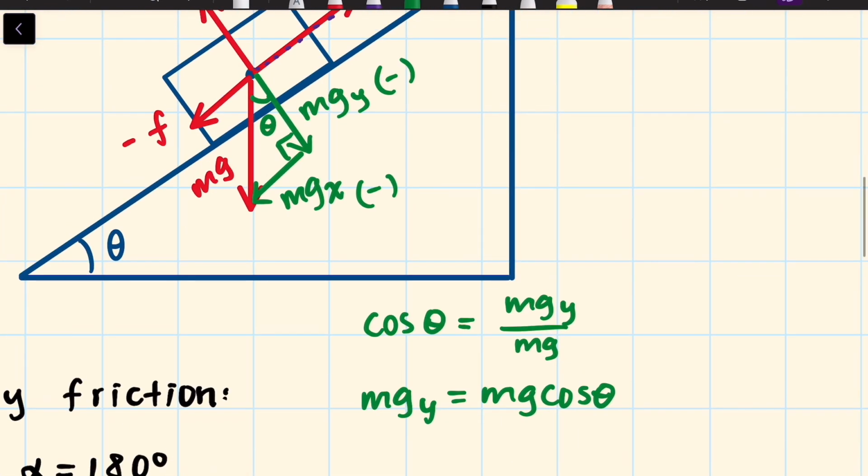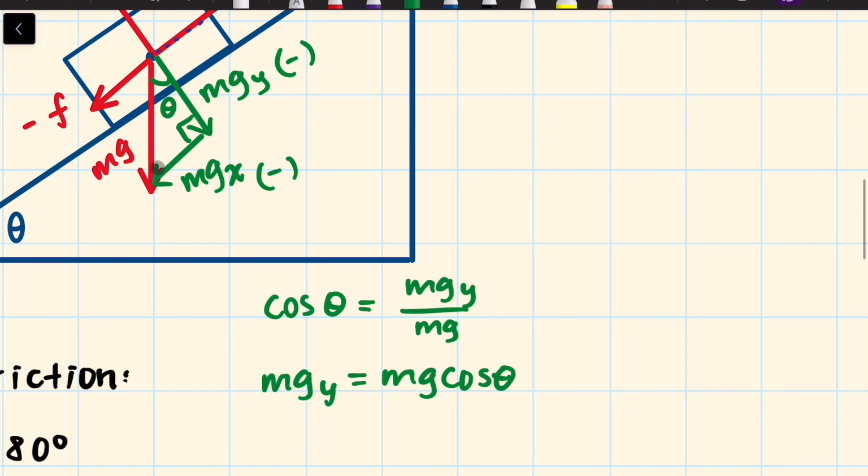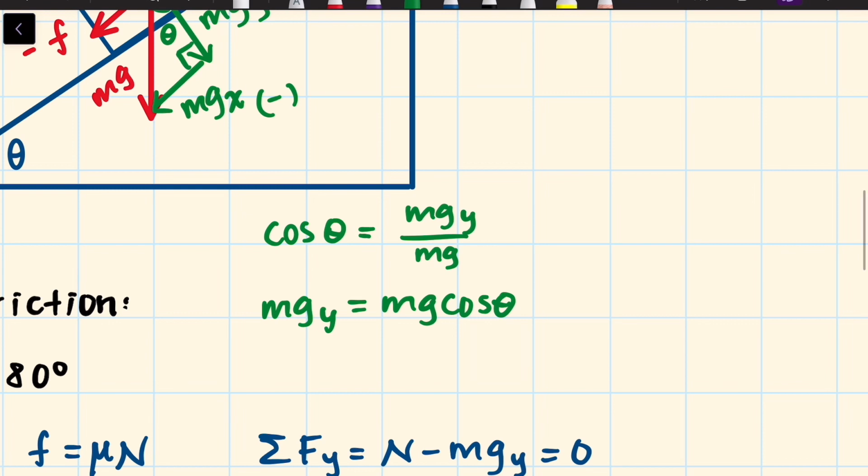And we can apply trigonometry again, but now we have the opposite side, so we would have the sine. So that means this is mg sine of theta. Okay?